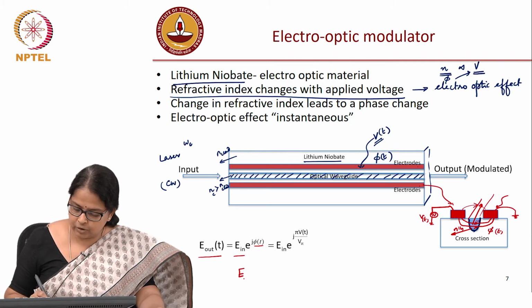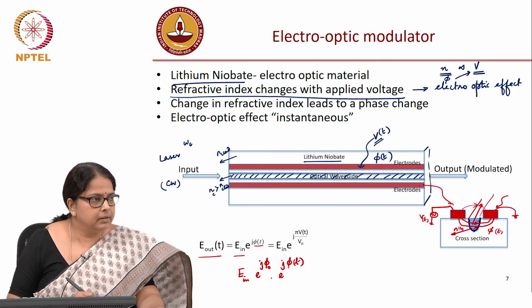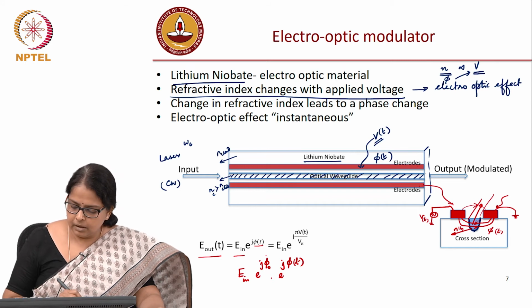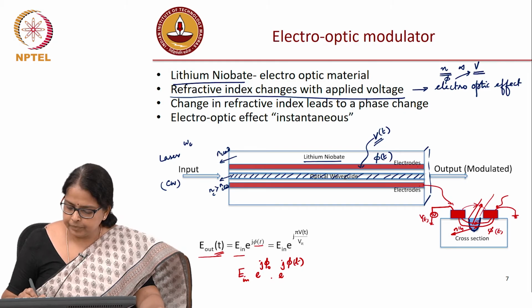So, to be correct, I should write E in e power j phi naught, which is the fixed phase accumulated, and e power j phi of t. But the time varying part is this, and I am writing this phi of t as pi v of t divided by v pi.